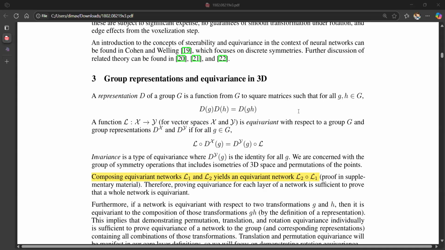Another approach that was used before convolutional neural networks is that you can just augment your data.